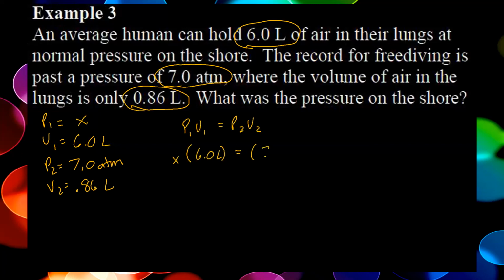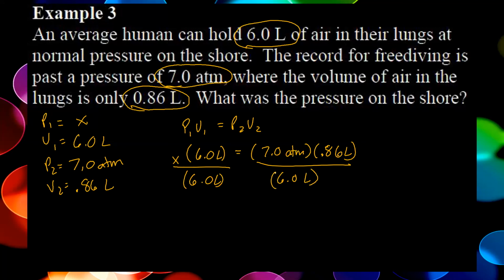We're going to do very similar to what we've been doing. The equation is quite boring. To get my X by itself, I'm still going to divide by 6 liters. I can see the liters label cancels the liters label, so atmospheres is left.